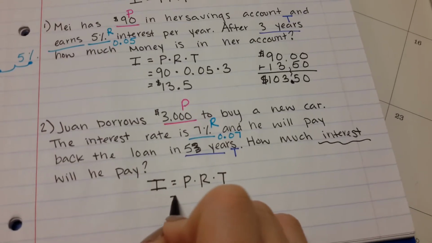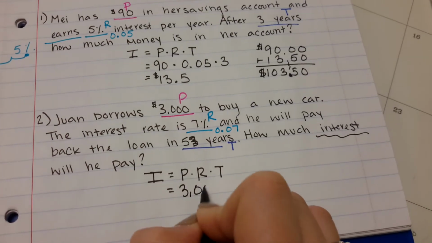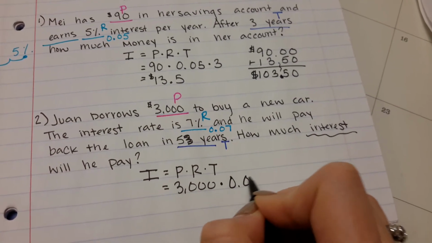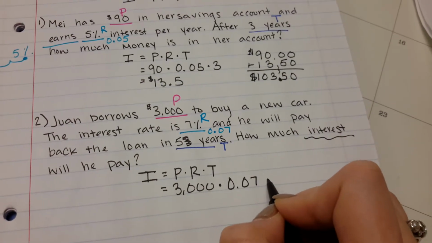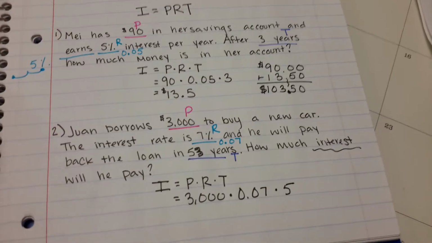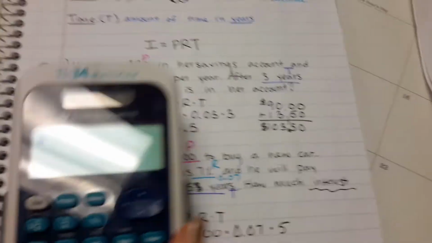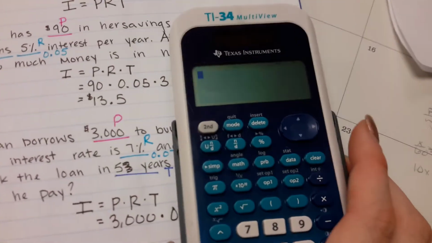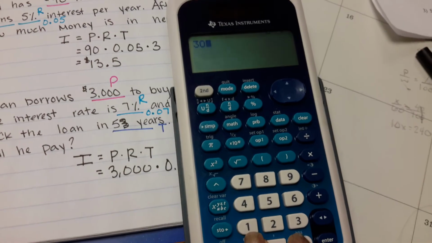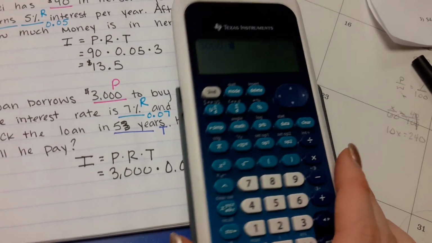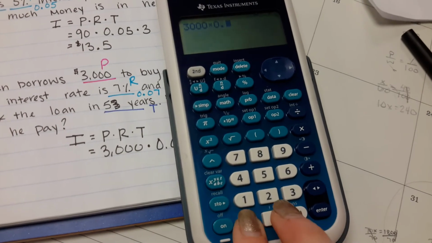Our principal is 3,000 times our rate, 0.07, times our time, 5 years. Okay, again, we can go back to our calculator. So we have 3,000 times our rate, which is 0.07.